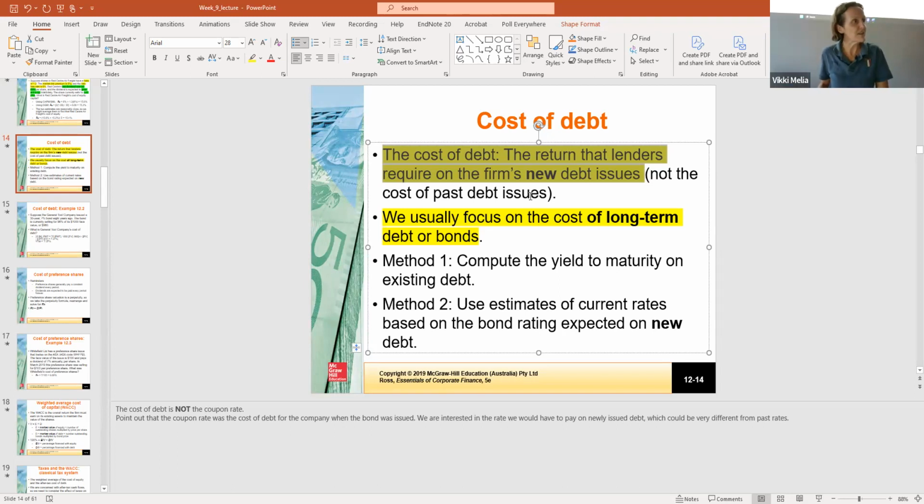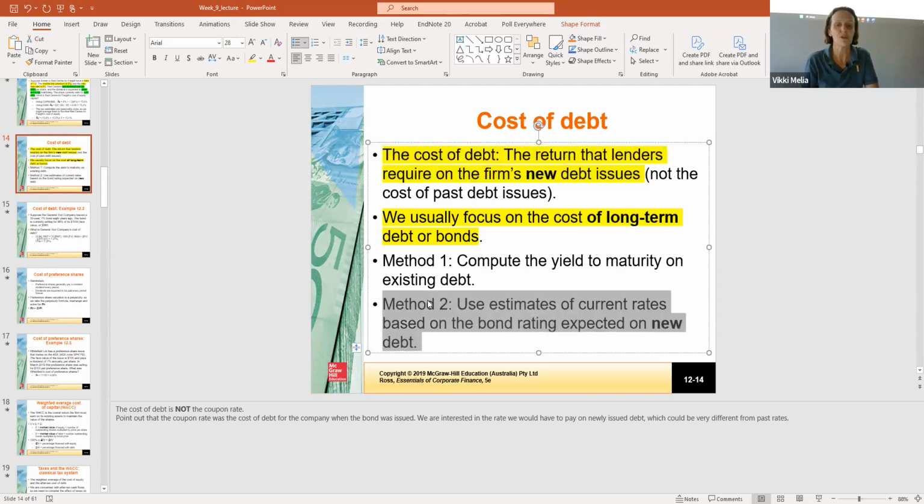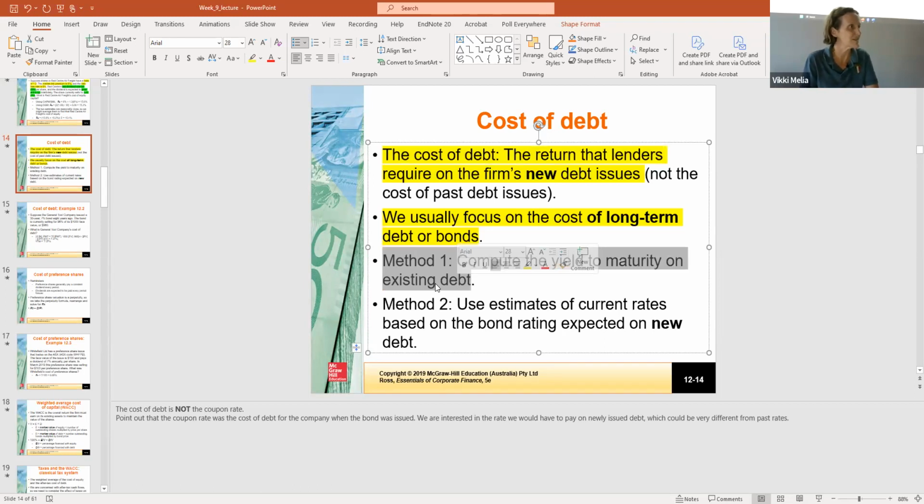We can verify that data, whereas estimating what might happen in the future is less reliable. So that definition is how we would measure the cost in an ideal world, and method 2 is very consistent with that definition. But in practice, we often have to just use existing debts rather than the new debts.